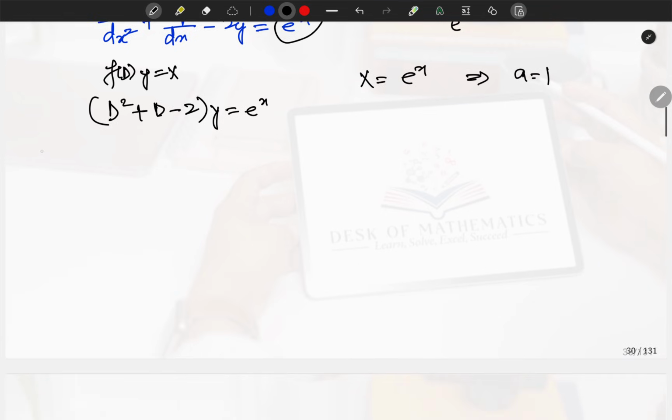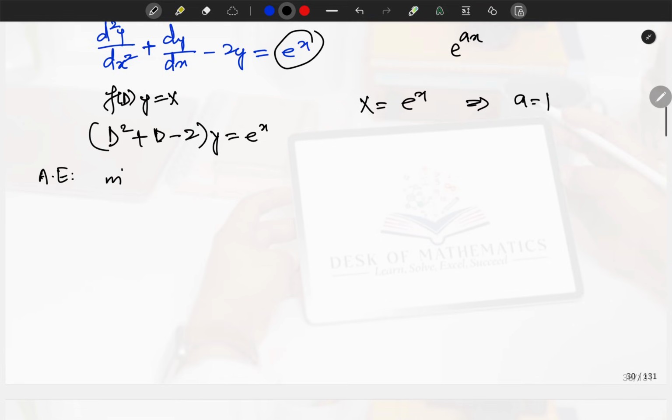Okay, so now what is the complementary function? As you have to solve it, the auxiliary equation is m square plus m minus 2 is equal to 0. When you find it, the roots will be minus 2 and 1. So the complementary function, both being real and distinct, is c1 e raised to the power minus 2x plus c2 e raised to the power 1x, that is e raised to the power x.